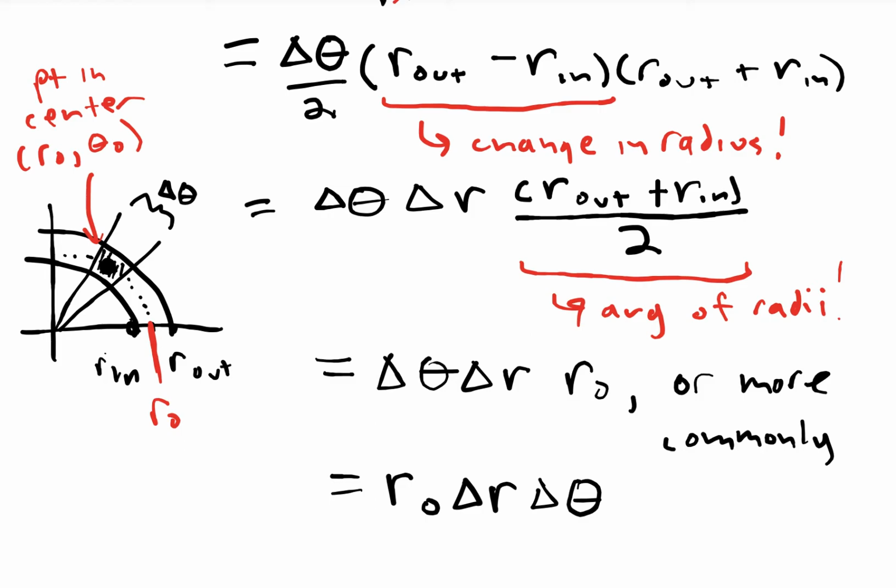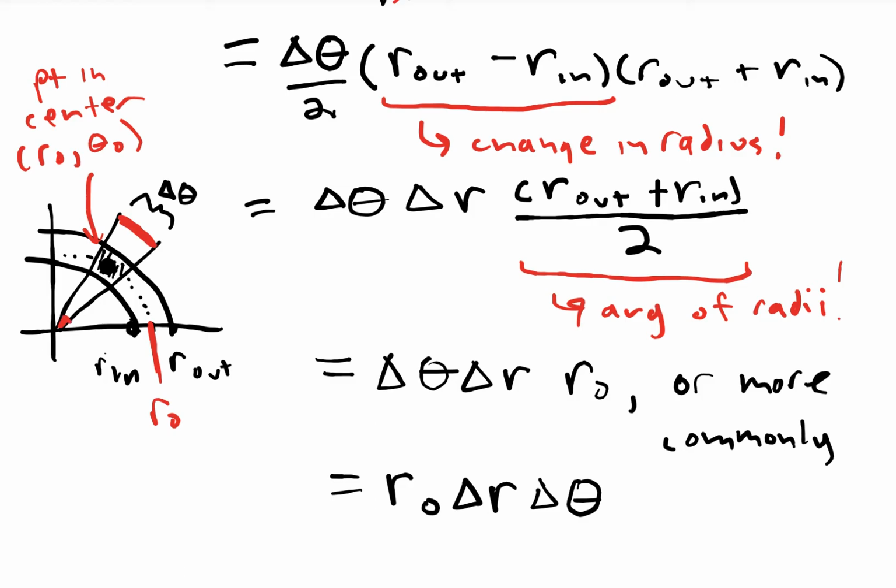If I'm trying to compute the area of this little wedge in my figure here, I need to know what my radius is roundabouts where I'm trying to take the area, and I need to know what incremental change I had in r and what incremental change I had in theta. Hopefully this makes sense, because if you have a really, really small r, you're going to get a really, really small area compared to if you have a really, really big r, you're going to get a much larger area.